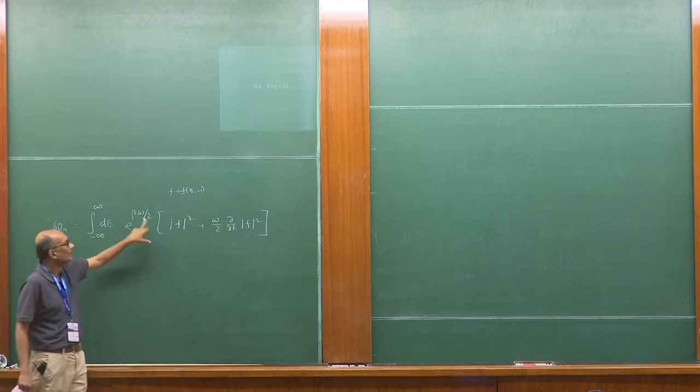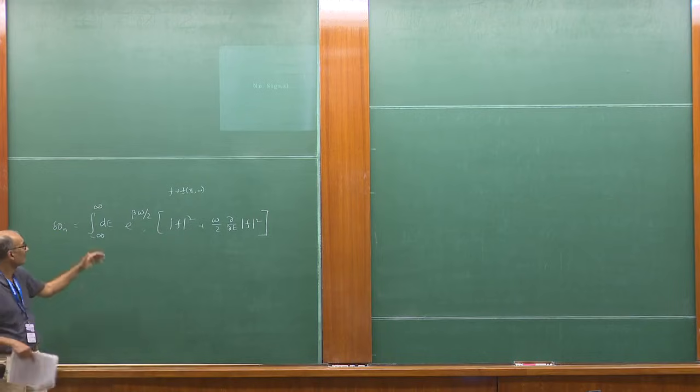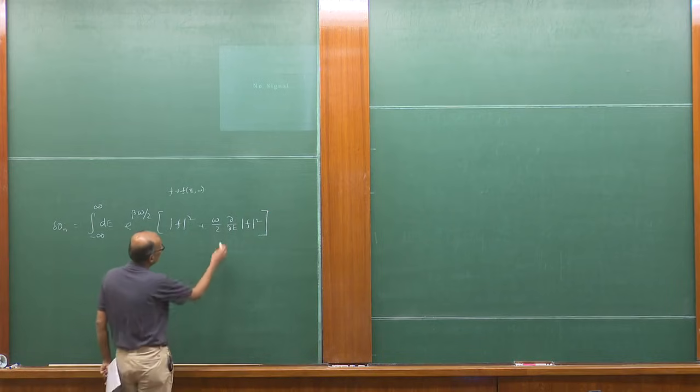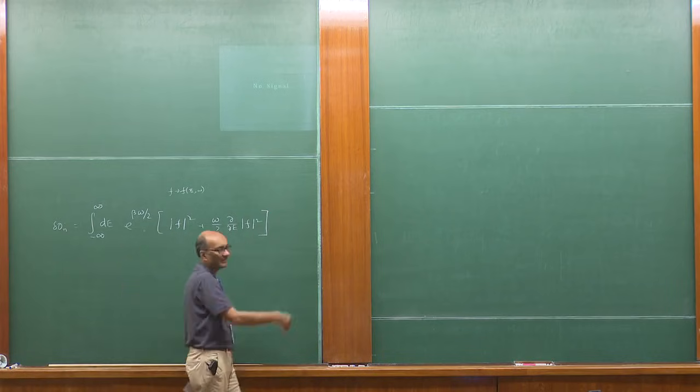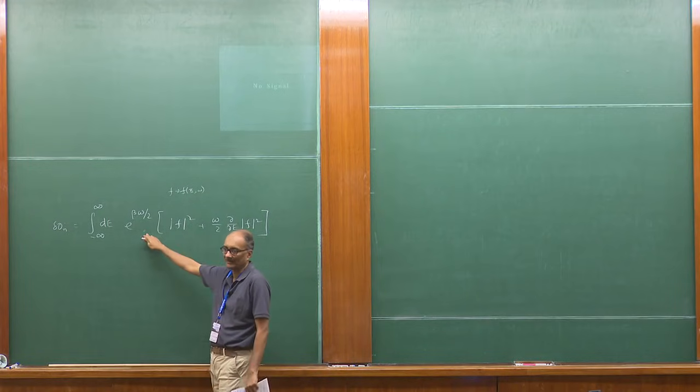So for this integral to converge, this mod f square, its first derivative, its second derivative, and everything else must have a factor which will negate this.